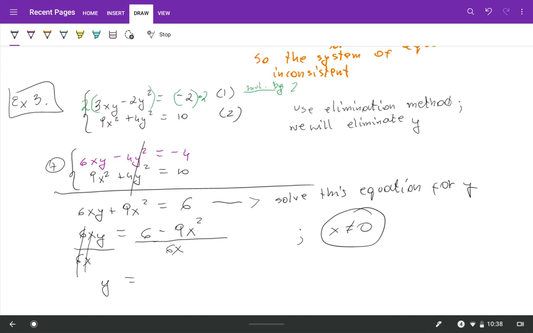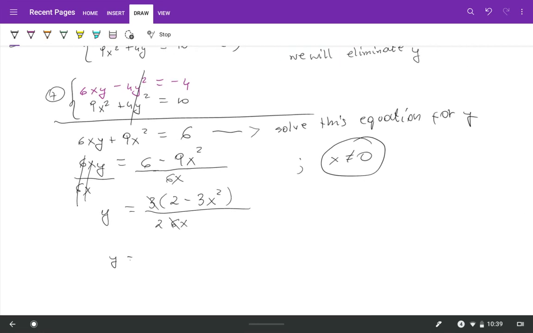We can reduce it a little bit, so let's factor 3 from the numerator. So that will be 2 minus 3x squared divided by 6x. And then we can reduce a little bit. 3 divided by 3 is 1. 6 divided by 3 is 2. So that y will be equal to 2 minus 3x squared divided by 2x.